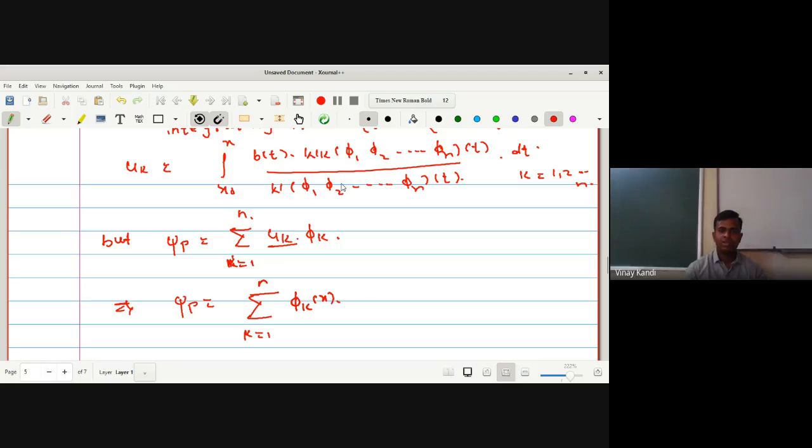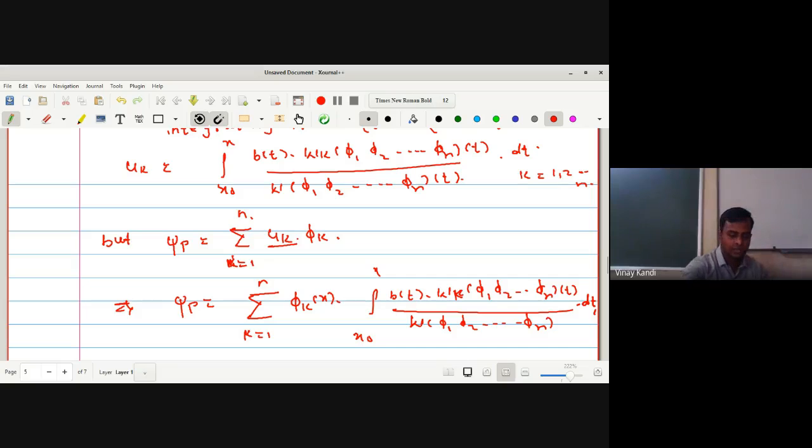And what is the value of uk? This one: integration x naught to x b of t wk of phi 1, phi 2 up to so on phi n of t upon rho skein of phi 1, phi 2 up to so on phi n of t dt. Okay, so this is the proof.